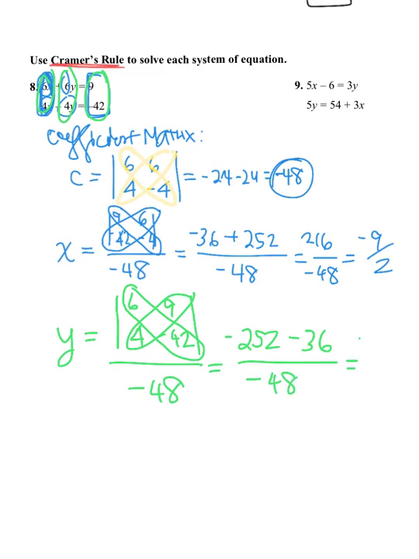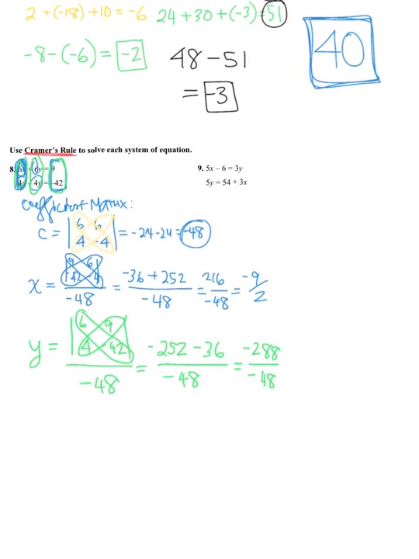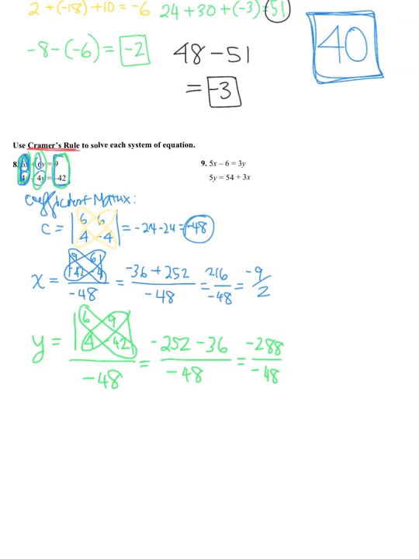Okay, so I get negative 288 over negative 48, and that turns out to be 6. So that is your final answer. We have x is negative 9 over 2, and y is 6.